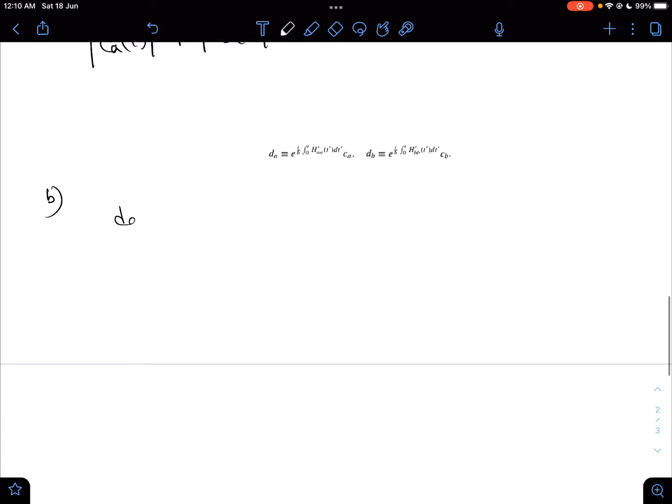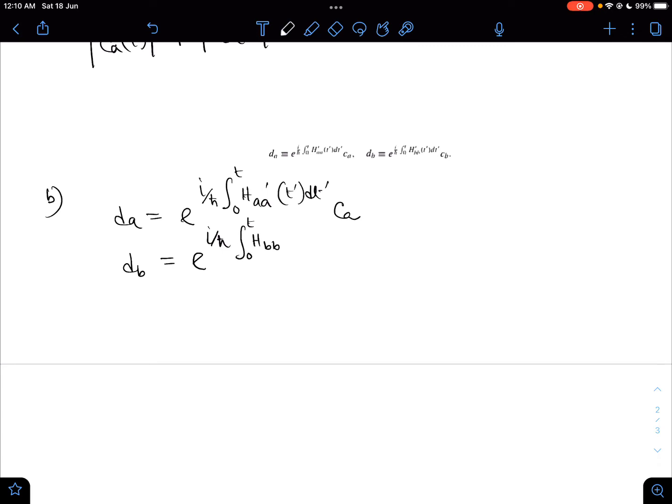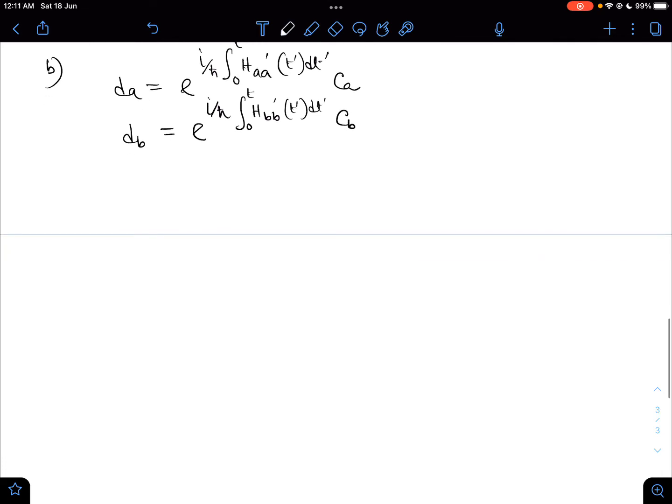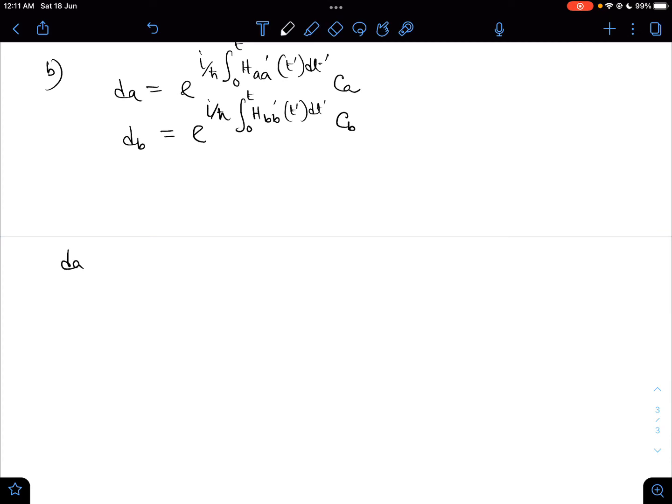We have d_A to be e^{(i/ħ)∫ from 0 to t of H_a'(t') dt'} C_A, and d_B to be e^{(i/ħ)∫ from 0 to t of H_bb'(t') dt'} C_B. So what will be our d_A dot? Just do the calculation, 0 to t.